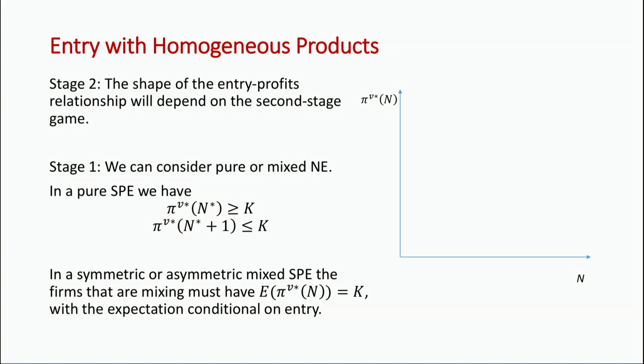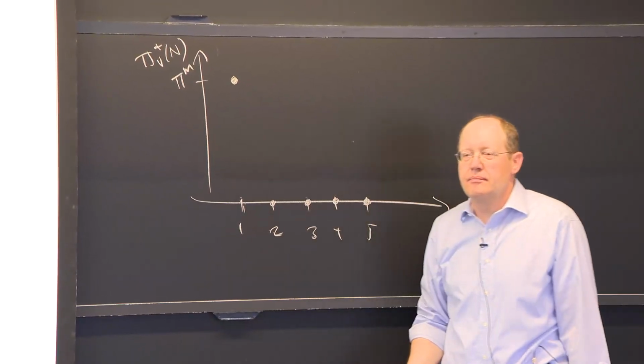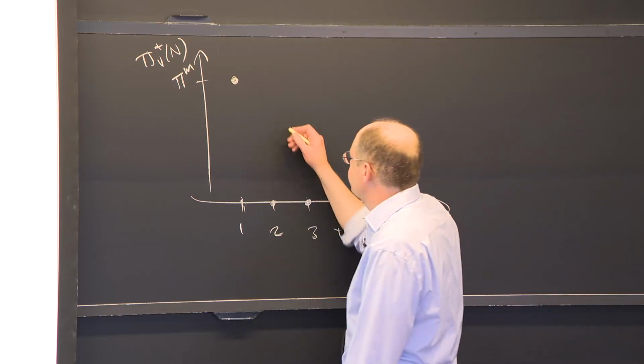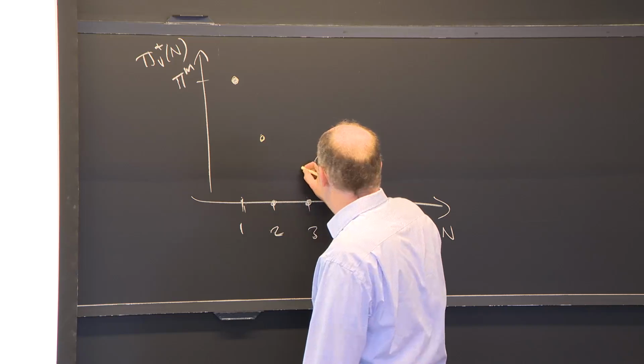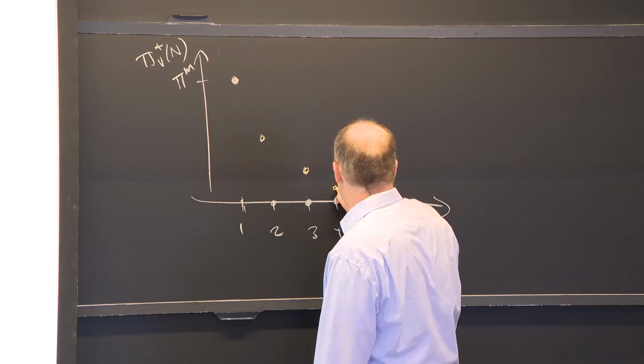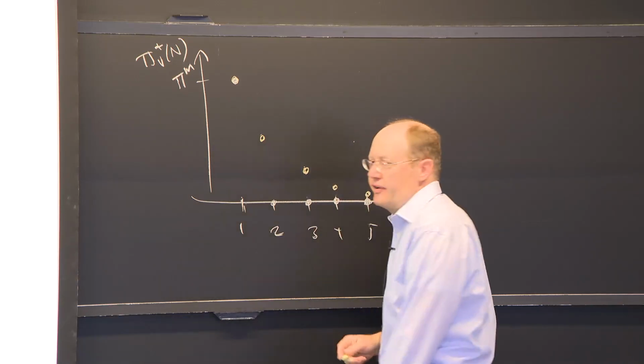Another thing you could have is Cournot competition. If you have Cournot competition, you get exactly the same outcome when n equals 1. But then profits drop as you add 2, 3, 4, 5, whatever firms.